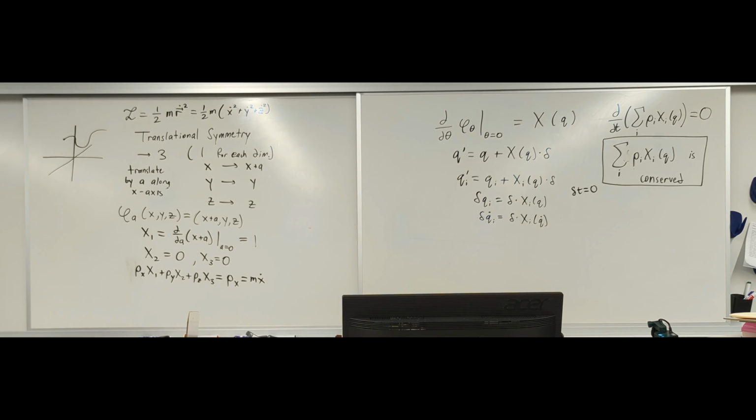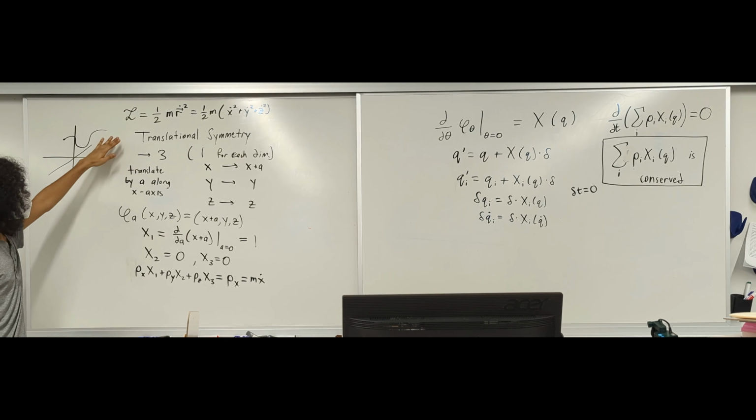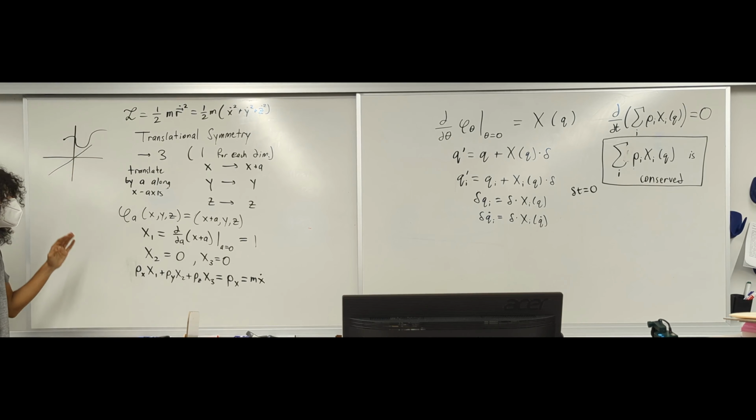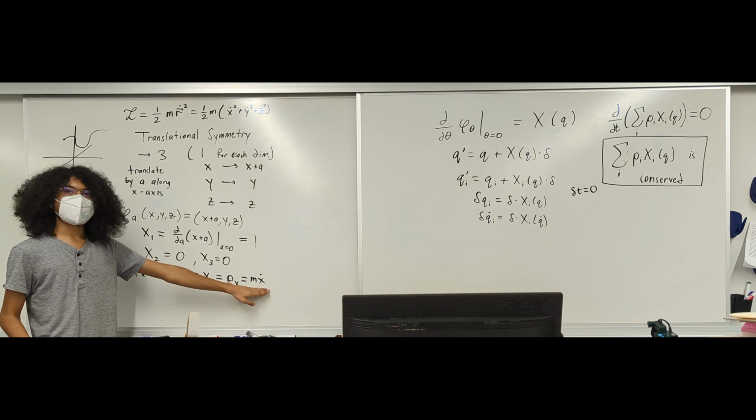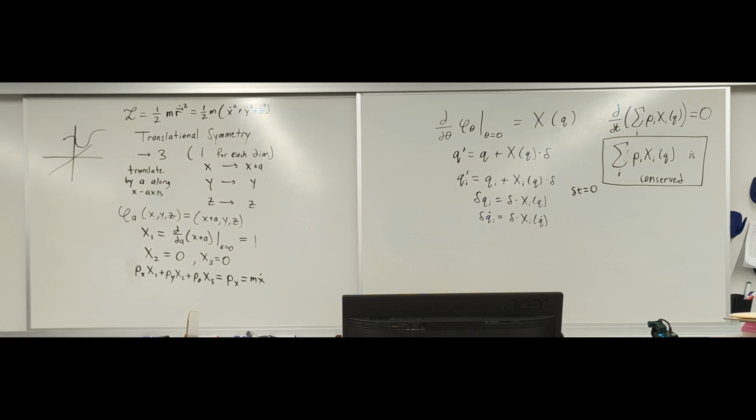So what's the point here? Well, when a system has translational symmetry in a particular direction, then what we immediately know is that the momentum in that direction is conserved. So there must be this connection between having translational symmetry in a particular direction and no net external forces in that direction.